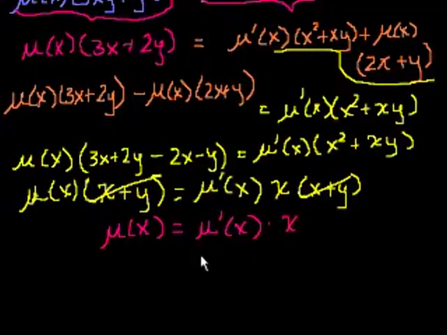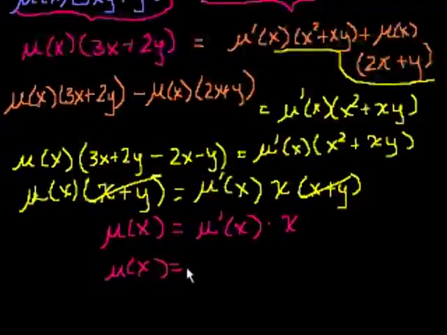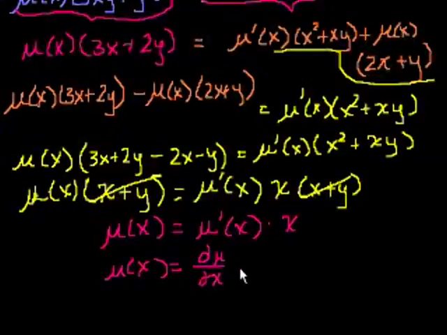And now, for just the way my brain works, I like to rewrite this expression in operator form, where instead of writing mu prime of x, we write d mu dx. So let's do that. We could write mu of x is equal to the derivative of mu with respect to x, times x.